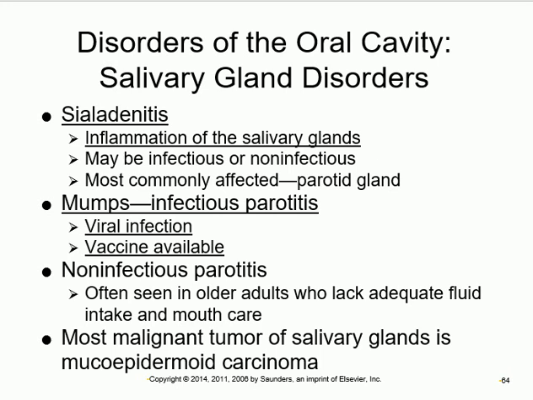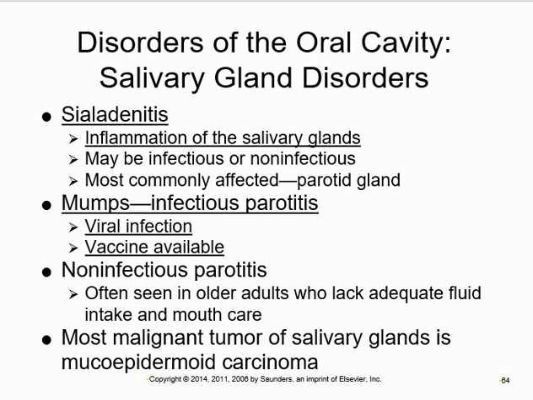Other disorders of the oral cavity: sialadenitis, just know that this is inflammation of the salivary glands. Do you know your salivary glands? Submandibular, sublingual, parotid. If they get inflamed, you call that sialadenitis, and this is good enough. Viral infection of the parotids is a special situation. Do we know that?